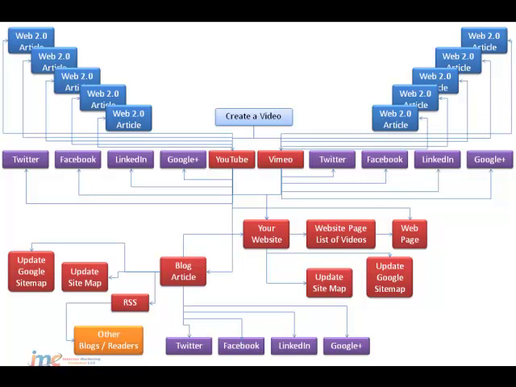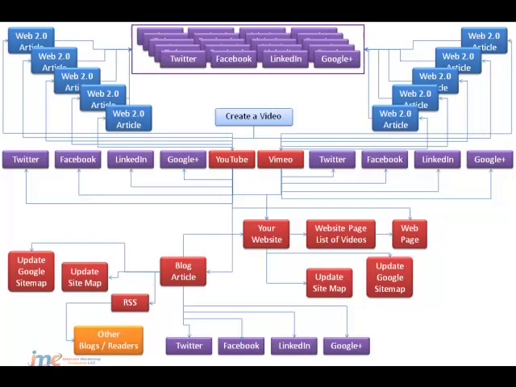So what happens is you embed your video into your articles, and you start video marketing per se within these Web 2.0 communities. And as soon as you do this, you again amplify yourself all throughout the socials like Twitter, Facebook, LinkedIn, and Google Plus, or anything else that you're using.